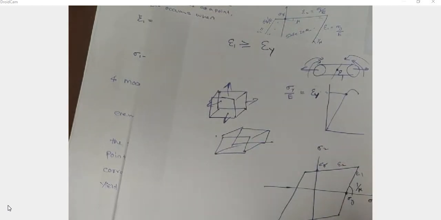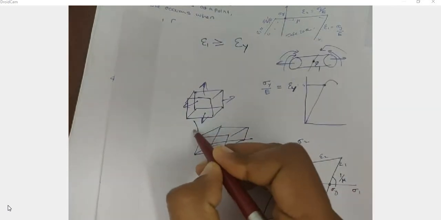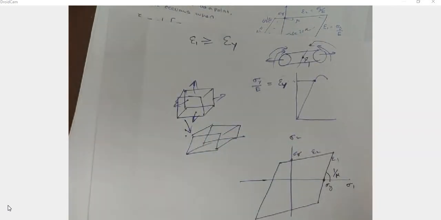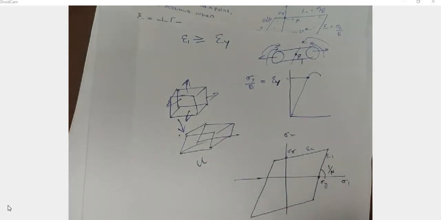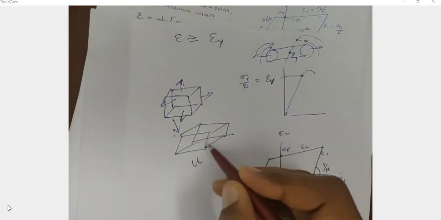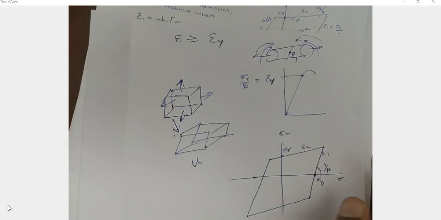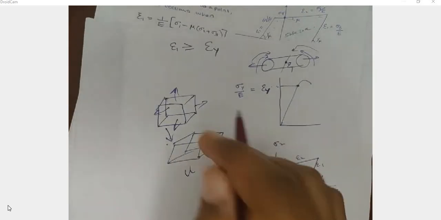Its length, shape and size are changed. Under this deformation, when it is strained, some amount of energy is stored per unit volume, that is the strain energy. So based on the strain energy, we develop this theory, the maximum strain energy density theory.